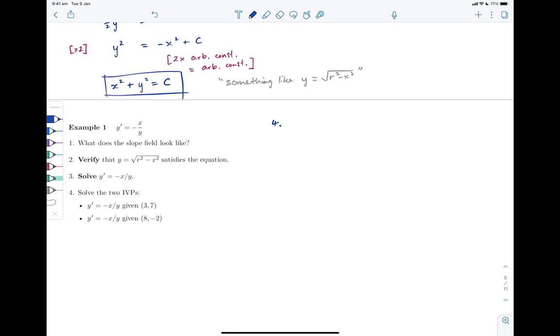All right, so if I've got y dash equals negative x over y, well, that implies that x squared plus y squared equals c, no other solution, right? That's from above.